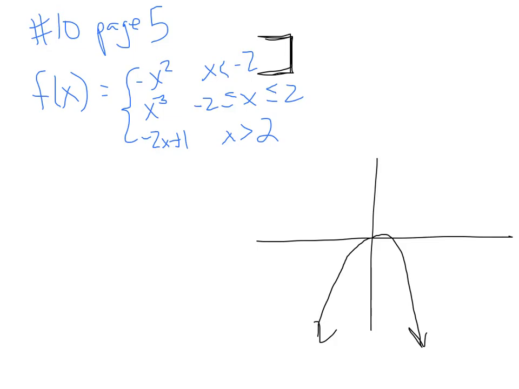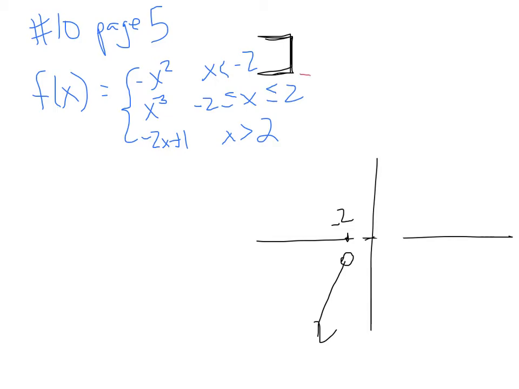But because I only want to graph it when x is less than negative 2, I have to erase to this point, and it stops at negative 2. Do you follow what I did there? So we're only graphing the curve if x is less than negative 2.